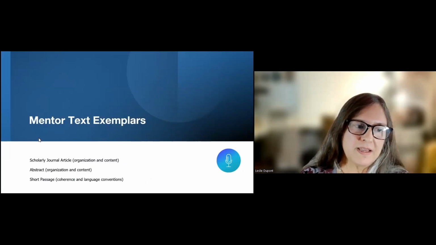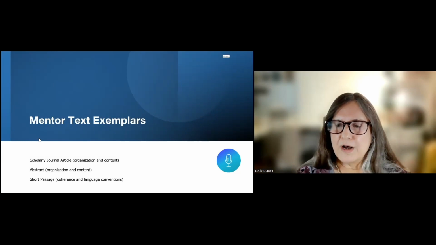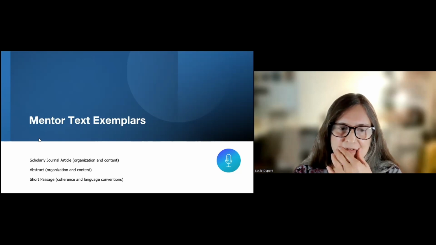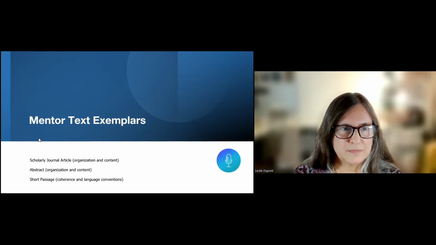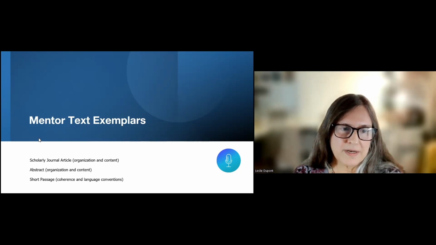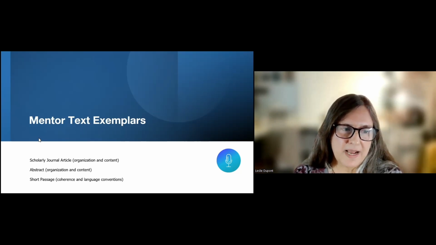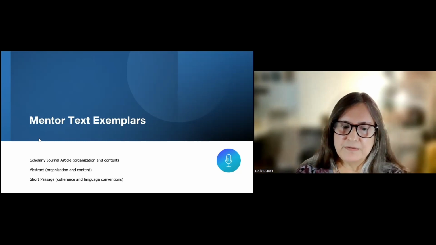So we're going to look at some exemplars. First of all, going back to reminding you of selecting mentor texts from a variety of sources, of journals, and so forth. We're going to look at a scholarly journal article, or a couple of them, for organization and content, and then we're going to look at the organization and content of a couple of abstracts, and then a short passage thinking about coherence and language conventions.